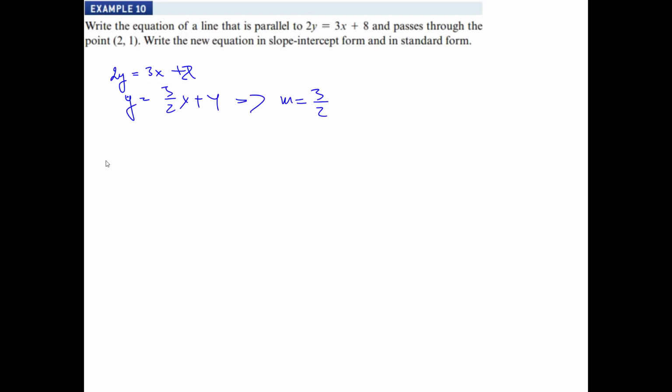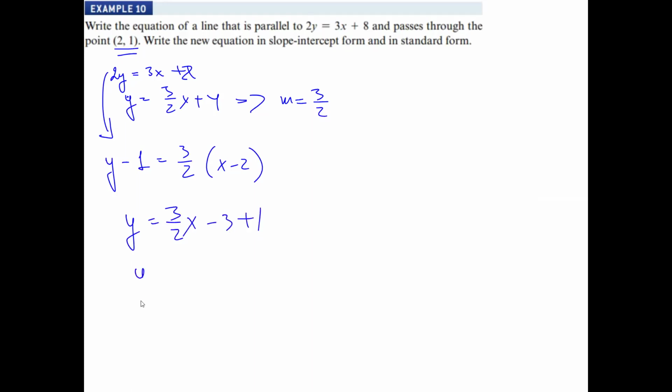It means I will have y minus 1 equals 3 over 2 times x minus 2. I use that point to plug into the formula. y equals 3 over 2 x minus 3 plus 1. So y equals 3 over 2 x minus 2.